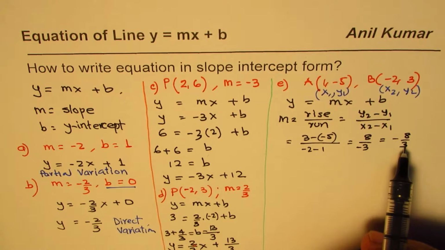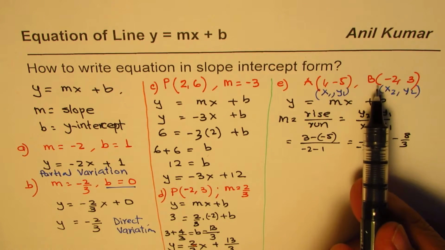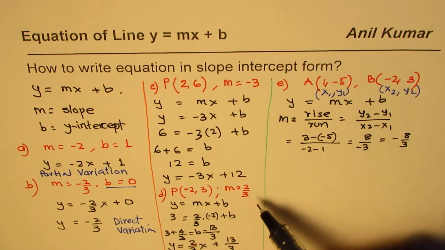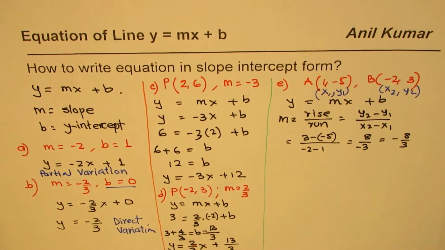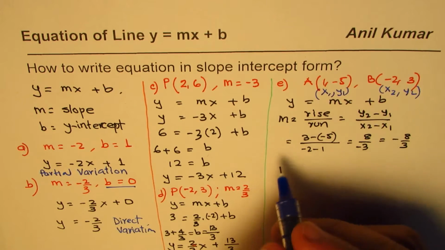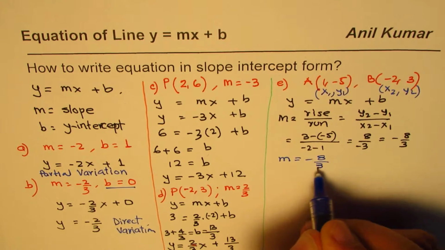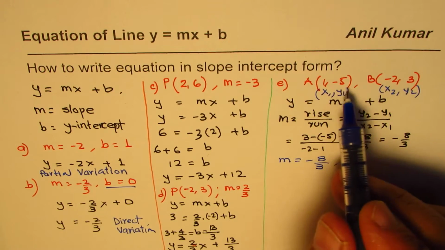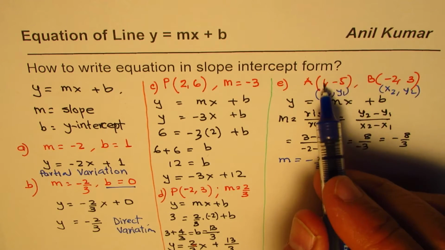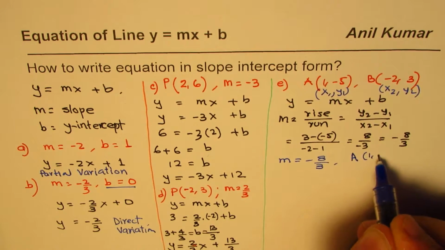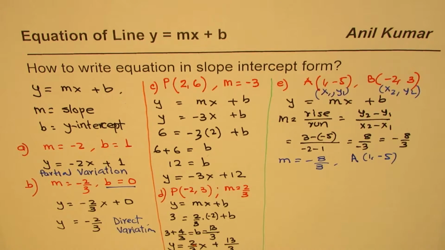So we'll use this slope and any one of these points to find the equation, just as we did in this case. Now we know the slope, right? Minus 8 over 3. So let me rewrite. So now what we know here is that the slope m is minus 8 over 3, and we'll choose one of these points, okay? So let's take (1, -5). So we're taking the point A, which is (1, -5), okay?